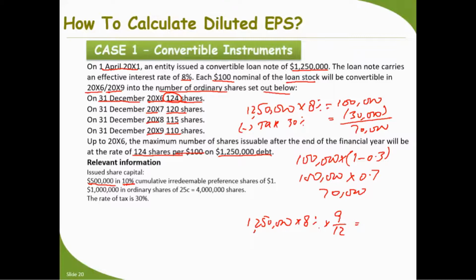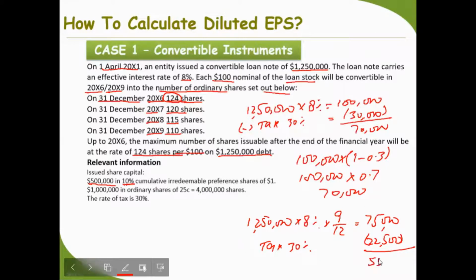So 100,000 times 9 by 12 is equal to 75,000, which is subject to tax at 30%. So 75,000 times 0.3 equals to 22,500, which we subtracted, and then 75 minus 22.5, 52,500 is your net saving.